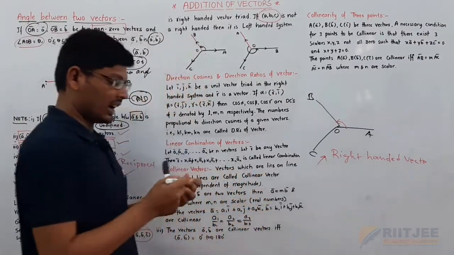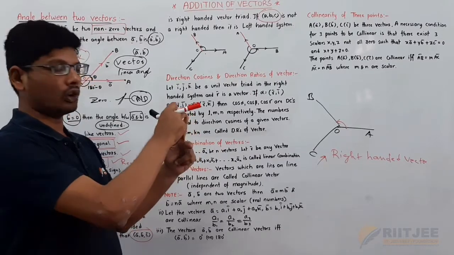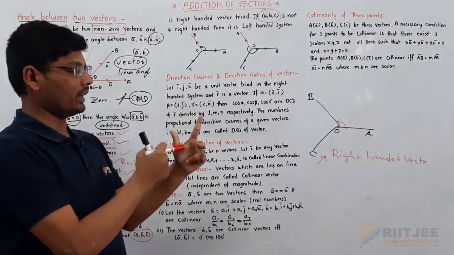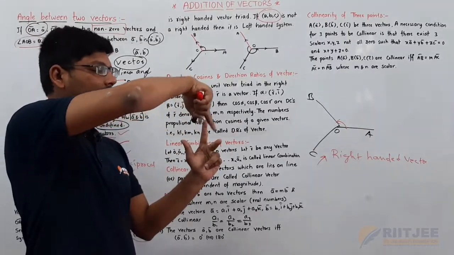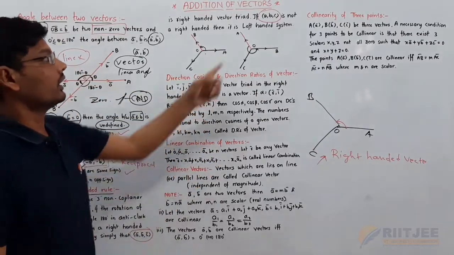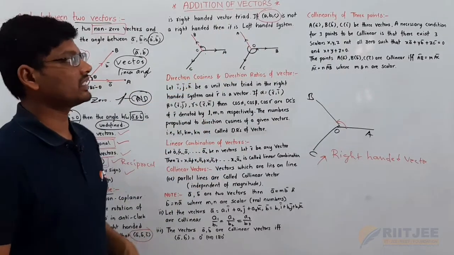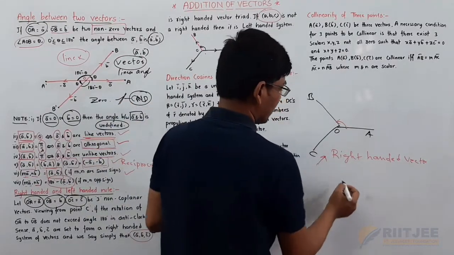So this is left-handed. This is OA, OB and OC. If you see from the third point C, then the angle between these two vectors is a left-handed system. This is the right-handed system, and this is the left-handed system.